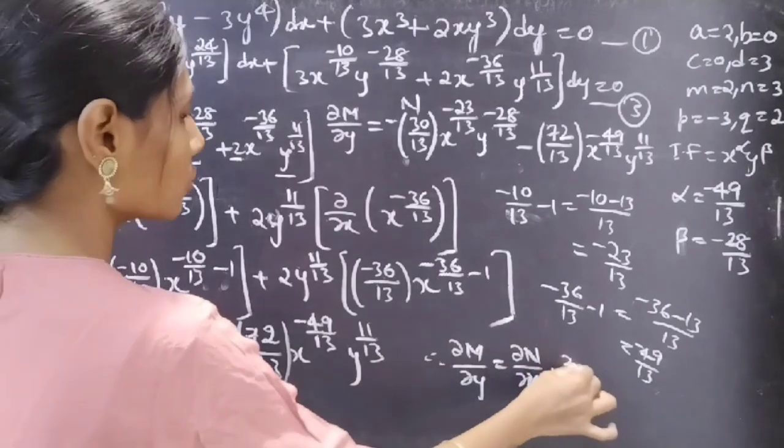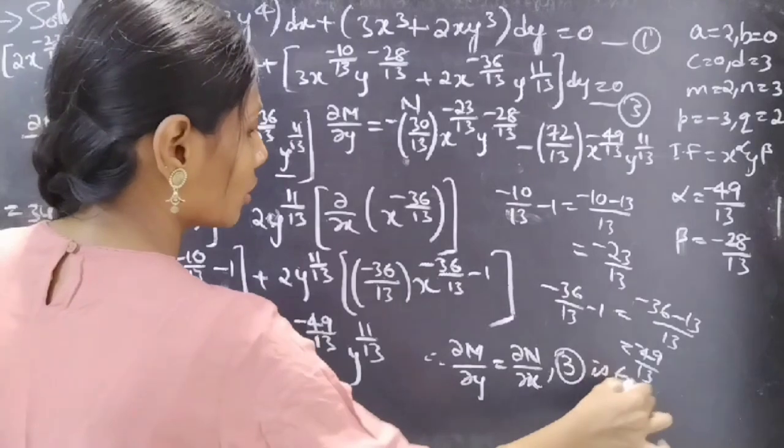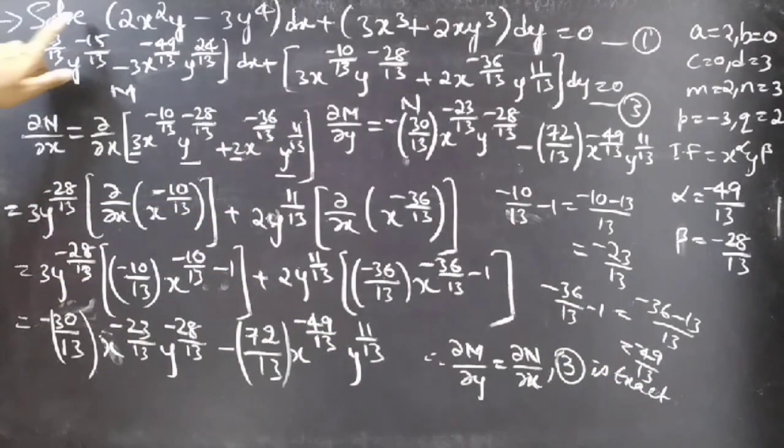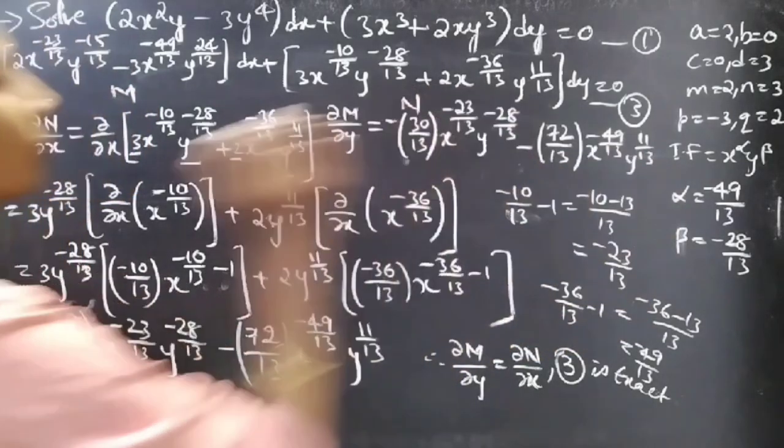This shows that the reduced equation, that is equation 3, is exact. So from this we can say that we have reduced the given non-exact equation to an exact equation by multiplying it with an integrating factor x power alpha y power beta, right? For alpha equal to minus 49 by 13 and beta equal to minus 28 by 13, right?